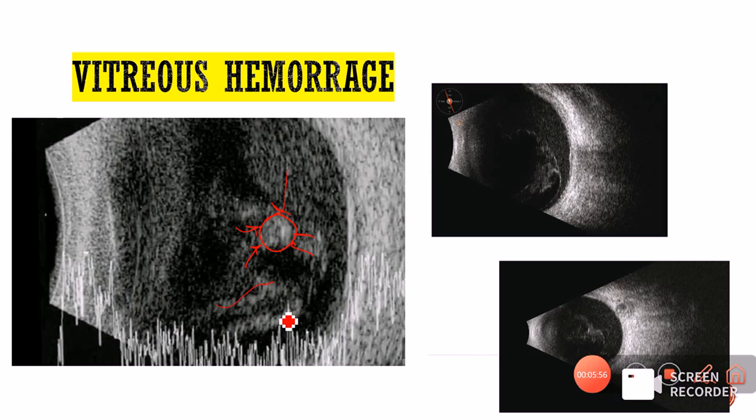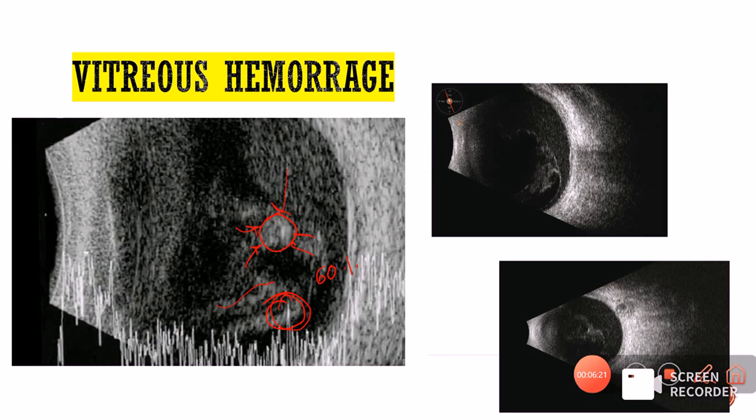And just look at the spike. These are low spikes, and here this spike is higher, right? This shows that these echo dots have come together and are now giving more echo. That means this is a resolving vitreous hemorrhage which has started to organize, right? So here the reflectivity might go up to about 60% also, right?